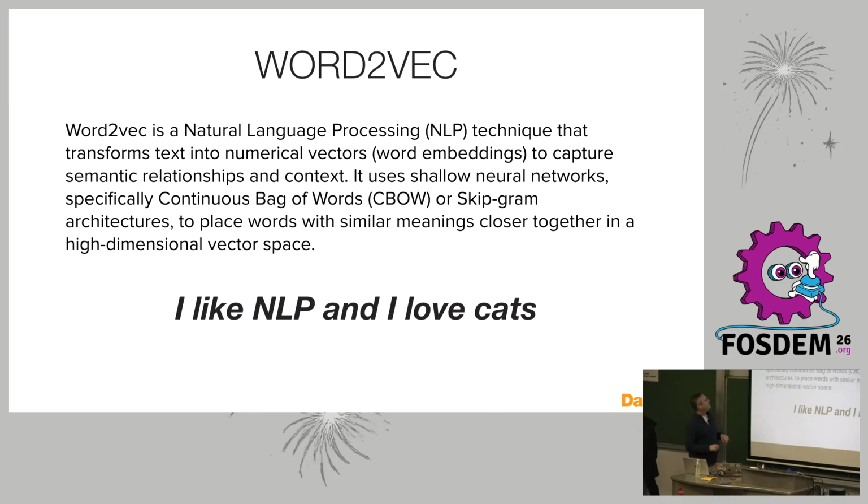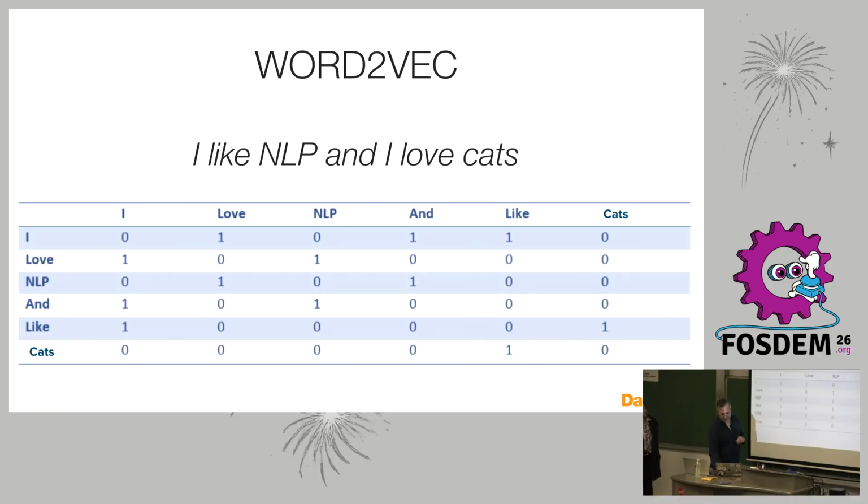So on the first, we're using a technique called word-to-vector, developed by Google researchers around 2013. And it's a technique that transforms text into numerical vectors. We have a little example here where it takes "I like NLP" and "I love cats," and based on the association of the words, starts to create a scoring system.